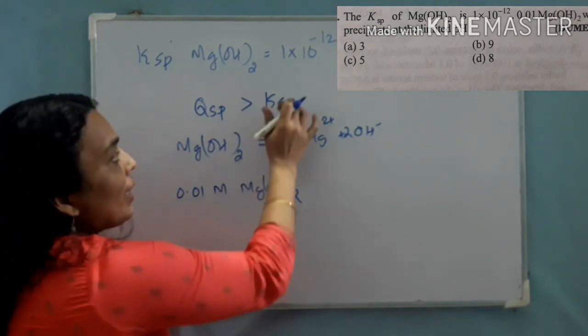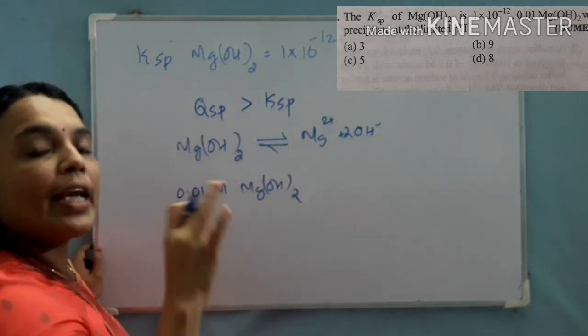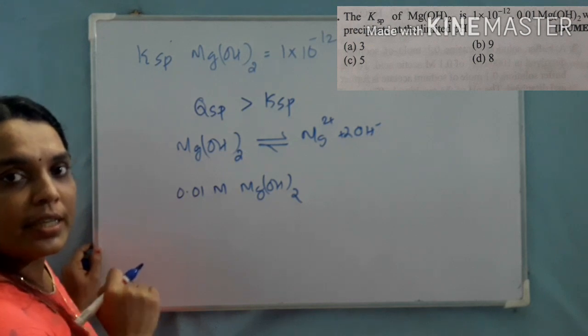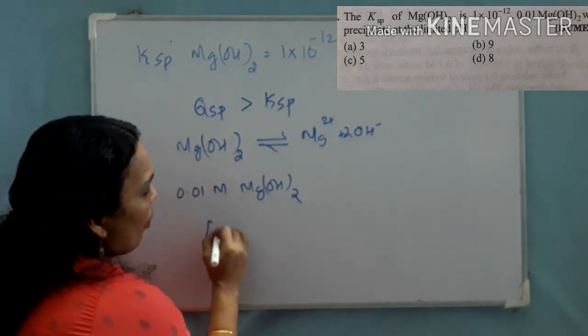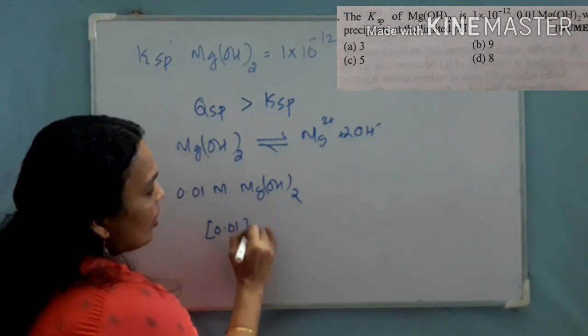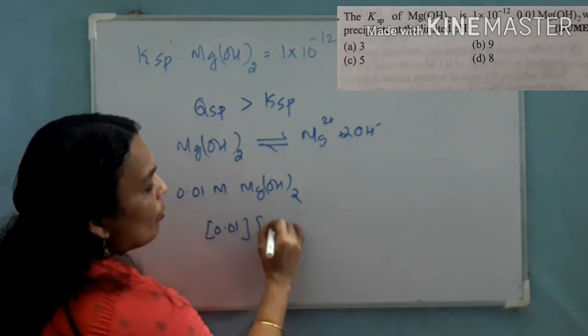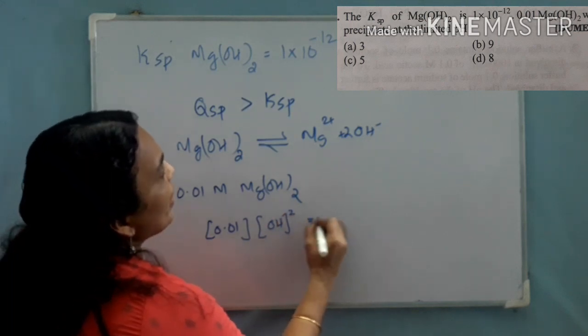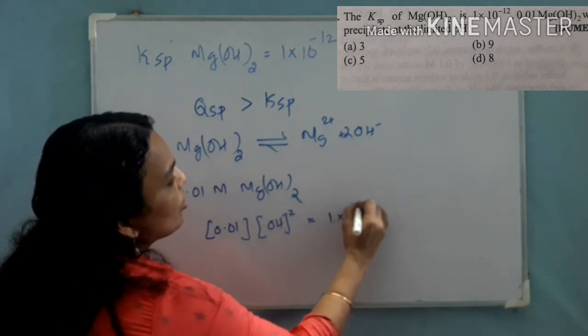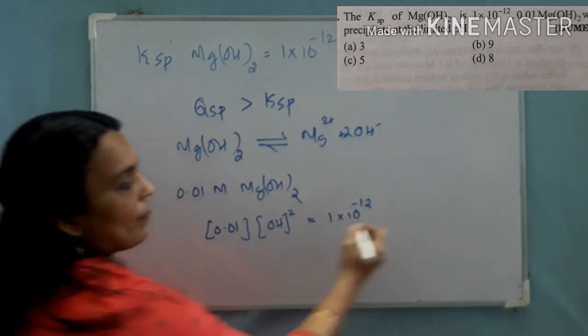But remember, at a particular temperature KSP is always constant. So see, 0.01 into the molar concentration of OH minus ion raised to 2 should be equal to 1 into 10 raised to minus 12 at equilibrium.